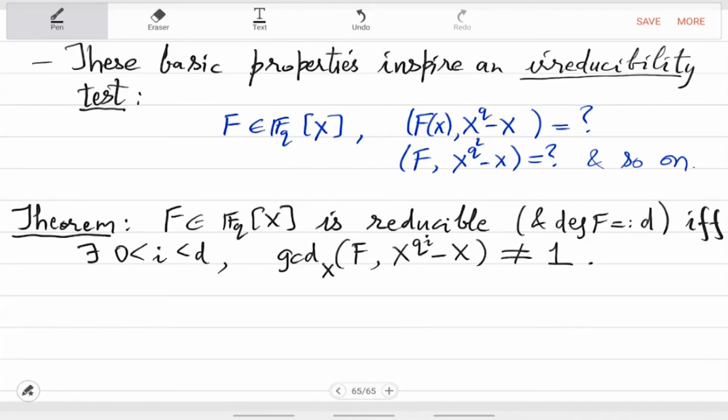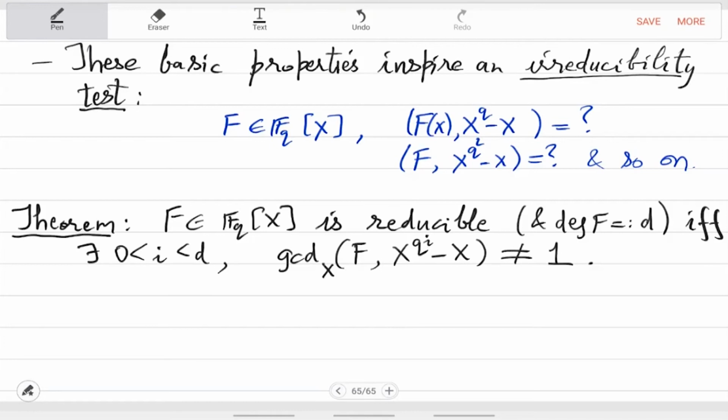So we will prove this theorem. It has an elementary proof, but once you have the proof, how can you use this in an algorithm? How will you compute this GCD? In how much time? I log q for every I. Sorry?